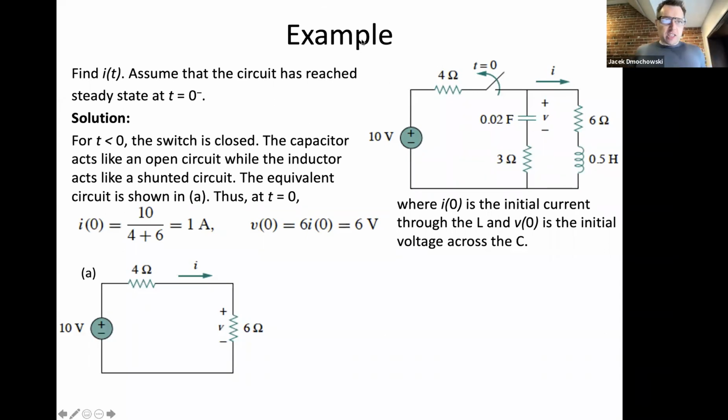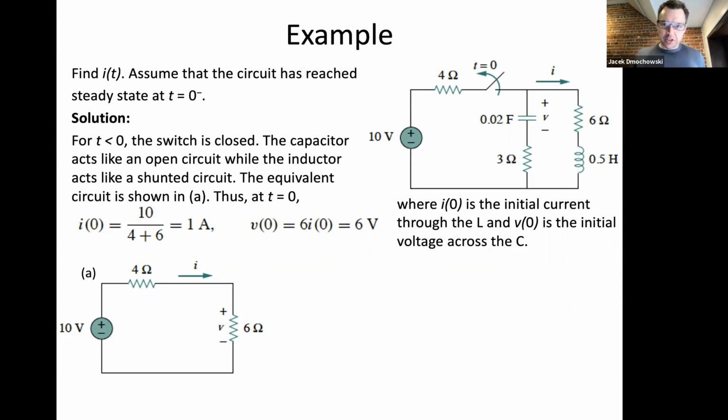So if there's any questions as to how we obtained 1 amp for the inductor current and 6 volts for the capacitor voltage, go ahead and raise your hand virtually or just shout at me.